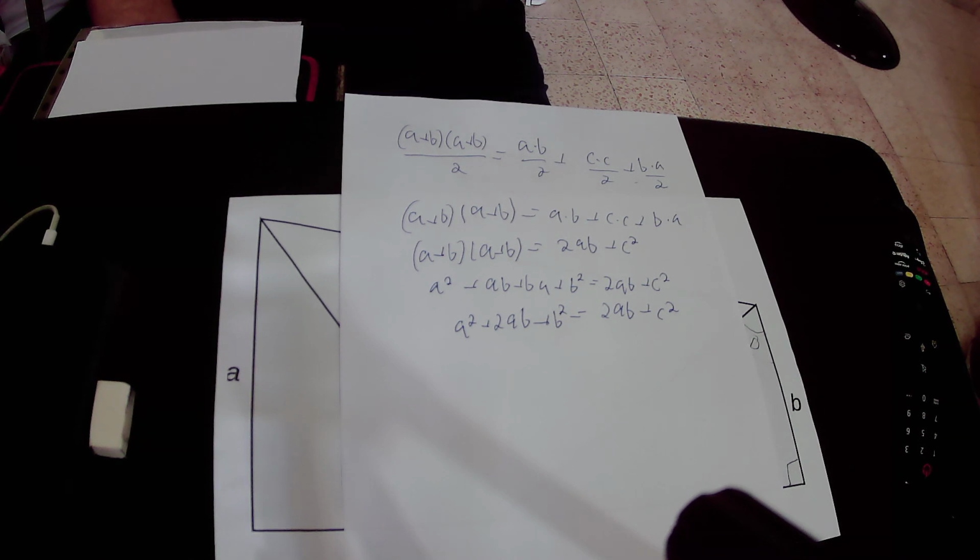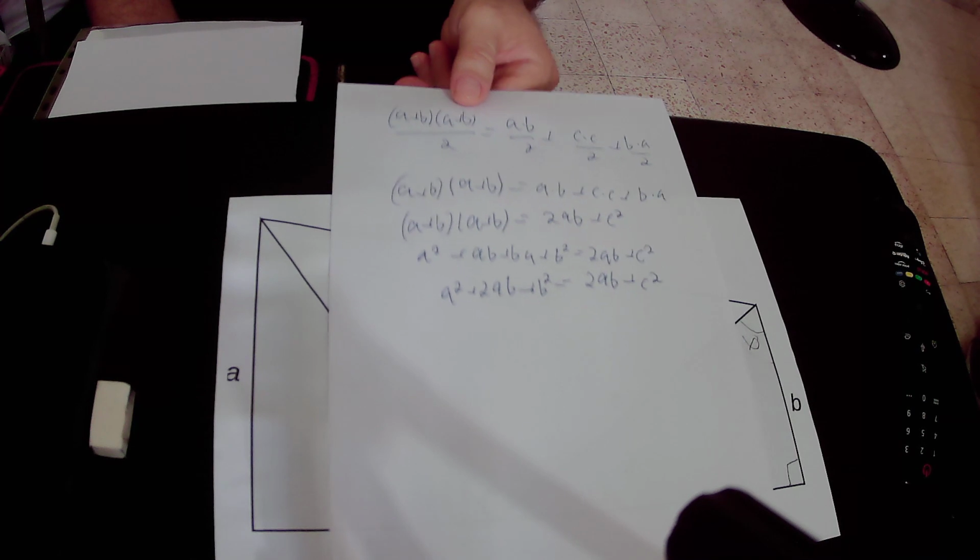Now we can subtract 2AB from both sides of the equation.